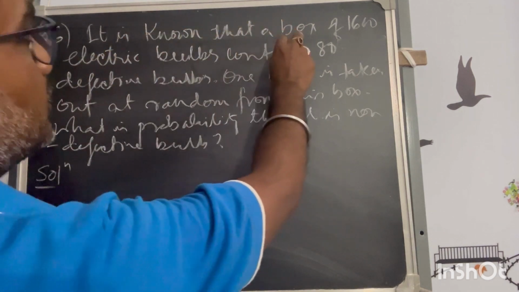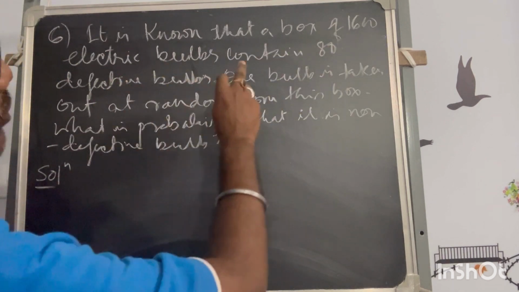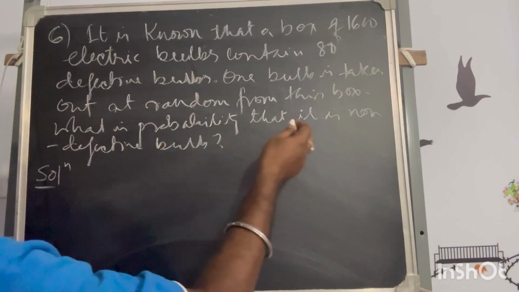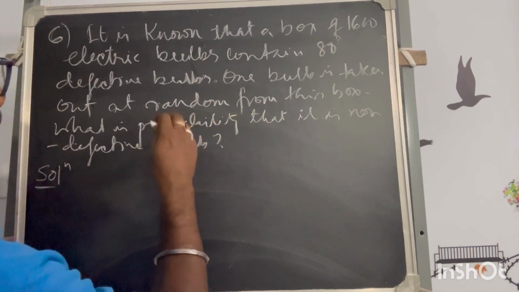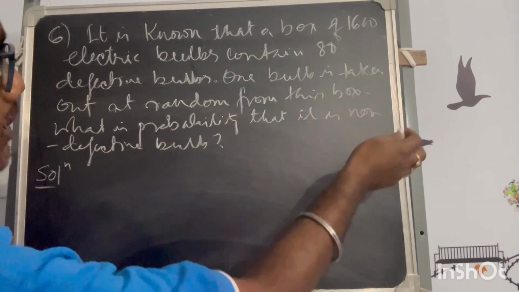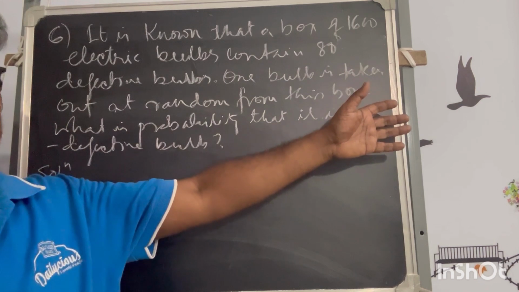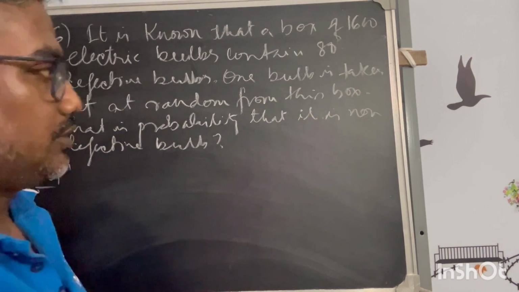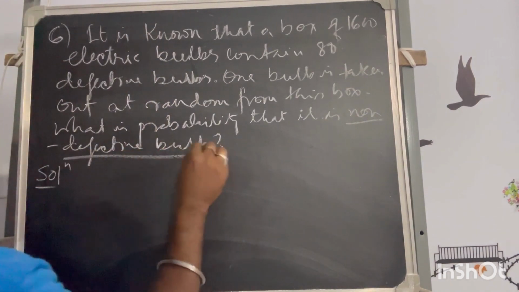It is known that a box of 1600 electric bulbs contains 80 defective bulbs. One bulb is taken at random from the box. What is the probability? If this is the flow, you always have an impression that you need the probability of getting defective bulbs.